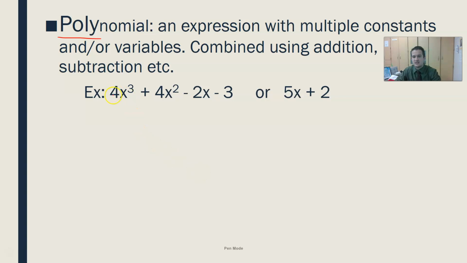It's just a series of numbers and letters with exponents combined together using addition or subtraction. This is also a polynomial: 5x plus 2, numbers and variables combined using addition and subtraction. That's all a polynomial is.